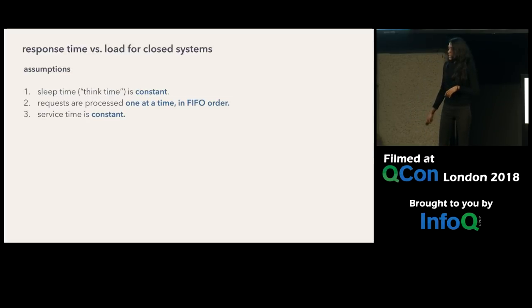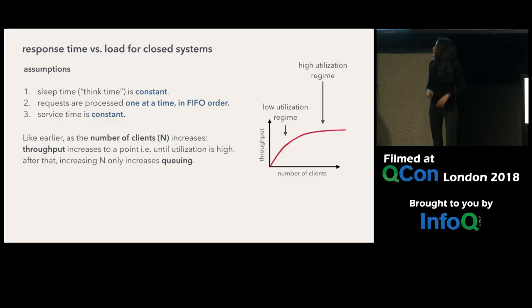In this case, to increase the load on the system, we have to increase the number of clients, right? Each client has one outstanding request, so if you increase the number of clients, you have more requests. As we increase the number of clients, like we saw before, throughput originally increases until the server is as busy as it can get.